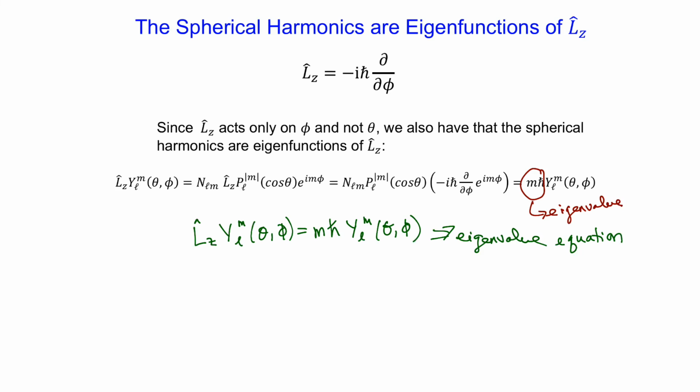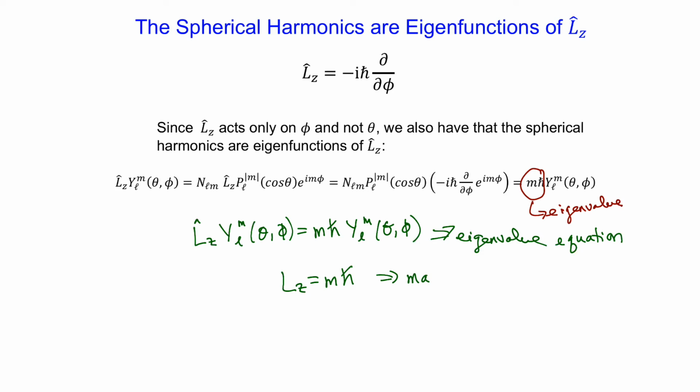Or we can just look at the magnitude of our resulting observable and say that Lz equals m h bar.